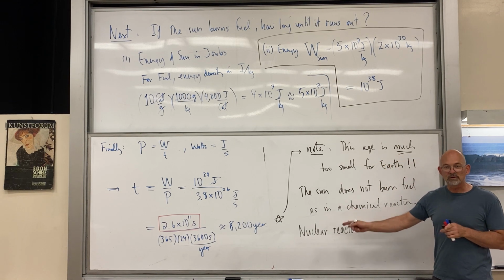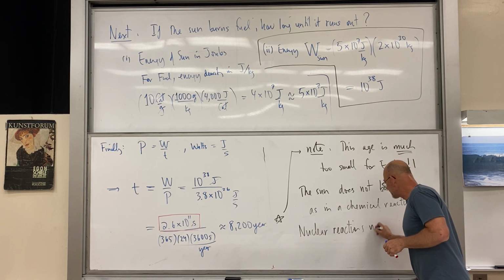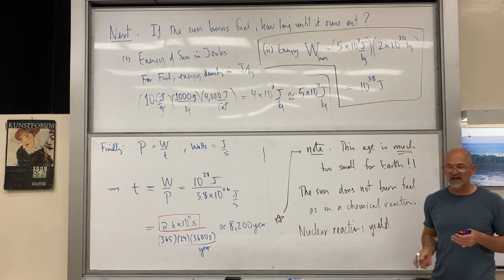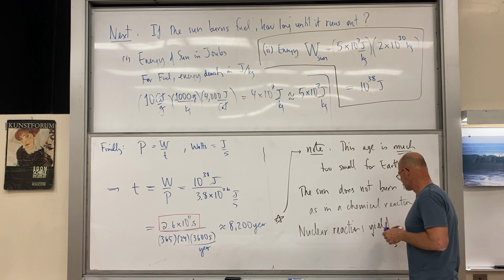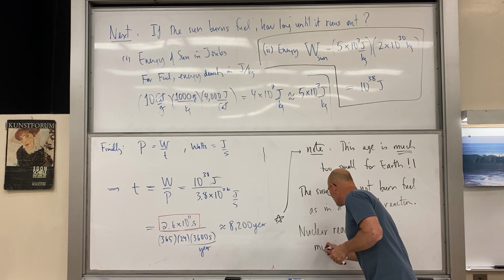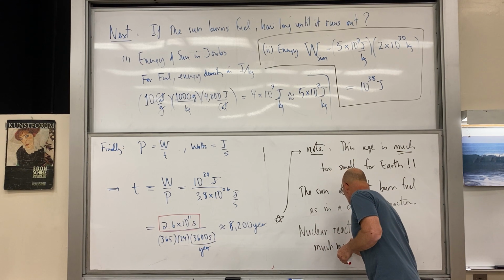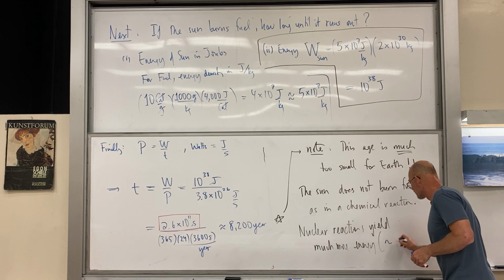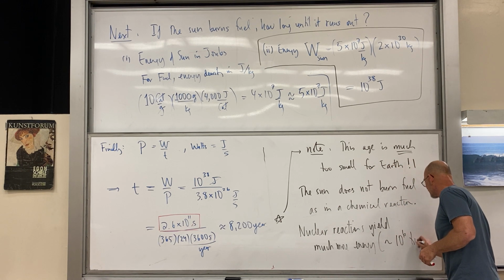Involving the atomic nucleus yield up to 1,000,000 times as much energy. Much more energy, on the order of 10 to the 6 times as much.